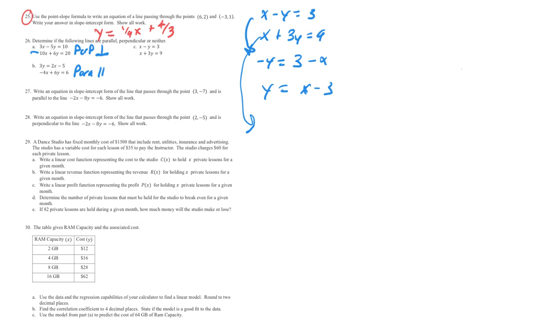And the same thing with the second one. Subtract x from both sides, so we get 3y is equal to 9 minus x. Divide both sides by 3 and simplify. Get -1/3 x plus 3. Whenever we compare them, they're not the same, and they are not negative reciprocals of each other, so it is neither.